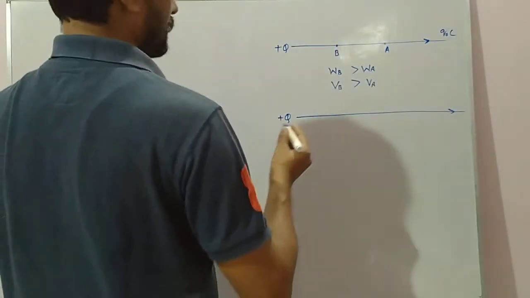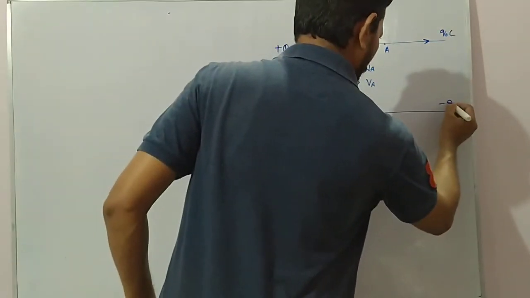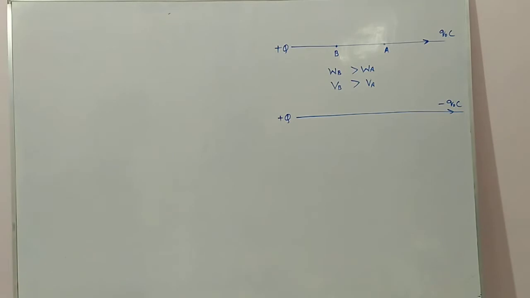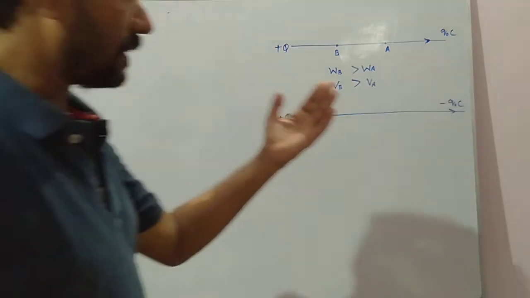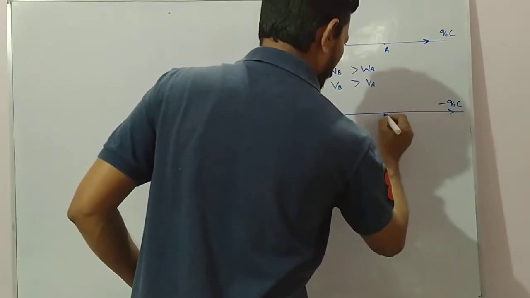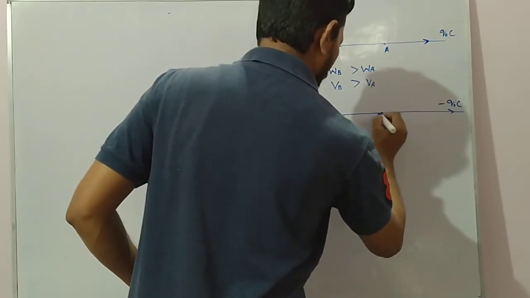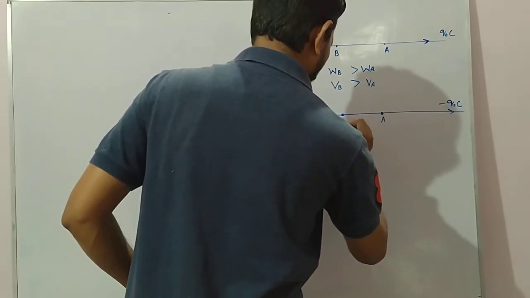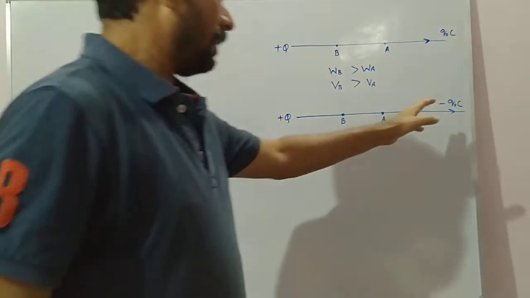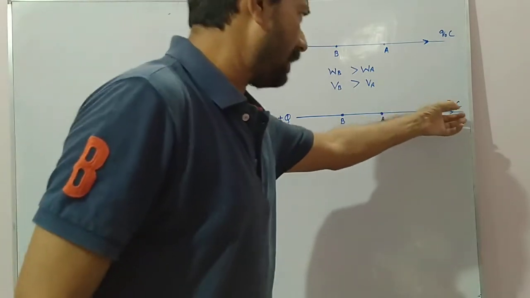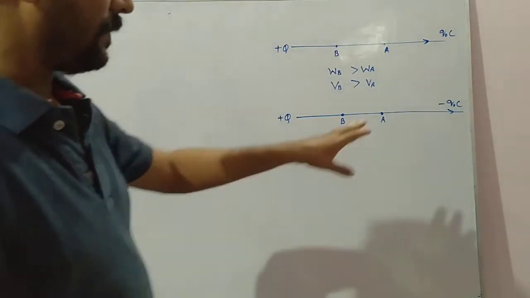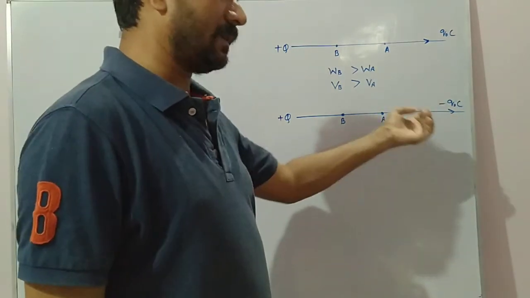Now if it is plus Q charge, and suppose in the question it is given minus Q charge, here we don't have to do any work, because this one is plus charge and this one is minus charge. The negative charge will naturally move towards the source charge. Hence, here we are not doing the work, but the system is doing the work.